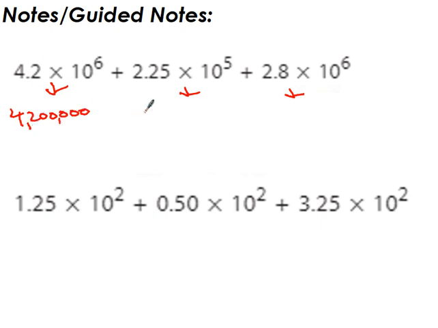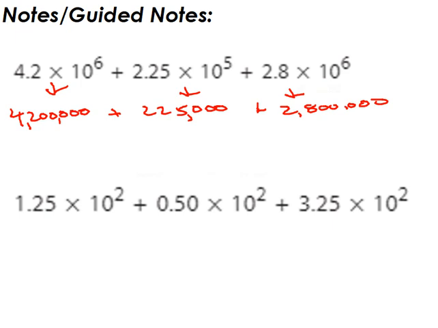I can change it to standard notation. Change this one to 225,000, and then change this one as well. And then I can add these numbers together. This 100% works, and then I would have to rewrite my answer back into scientific notation. So this is always an option when in doubt.